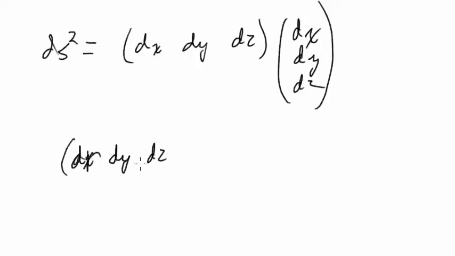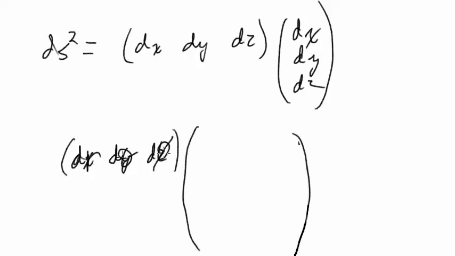Actually, we're going to put in dr d theta d phi, but then we're going to use our Jacobian matrix to fix it. So the dr d theta d phi is multiplied by something over del r, something over del theta, something over del phi.